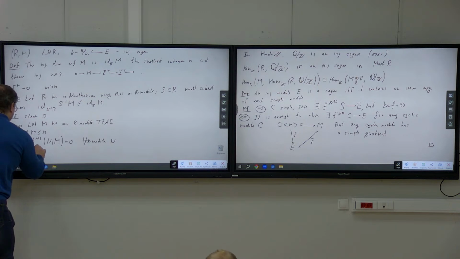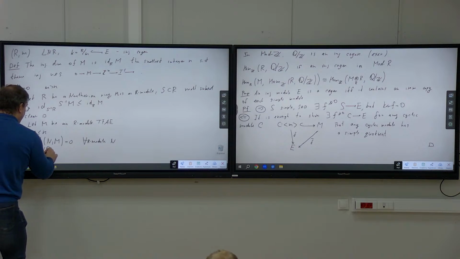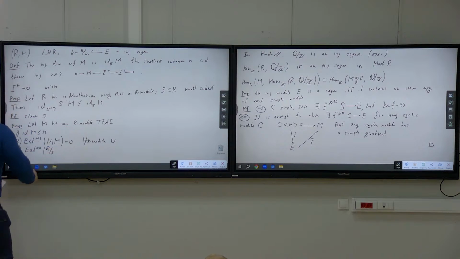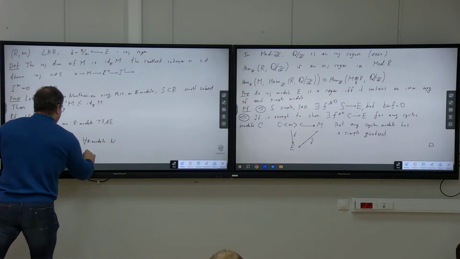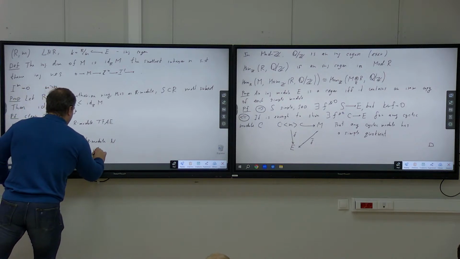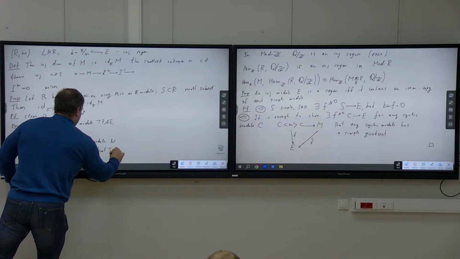Ext with the index n plus 1, but instead of a general N, you take R modulo J, of R modulo J and M, is equal to 0, and this is for any ideal J in R.